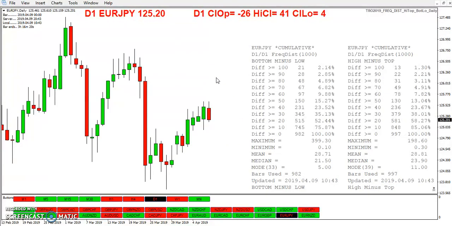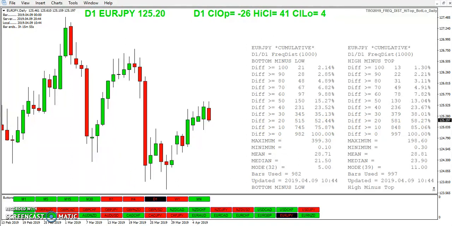And once again, looking at these wicks, the bottom of the candle minus the low, and the top of the candle or the high minus the top of the candle, you can see here you've got better than Vegas odds. And sometimes you may get a rat reversal trade within 10 pips.